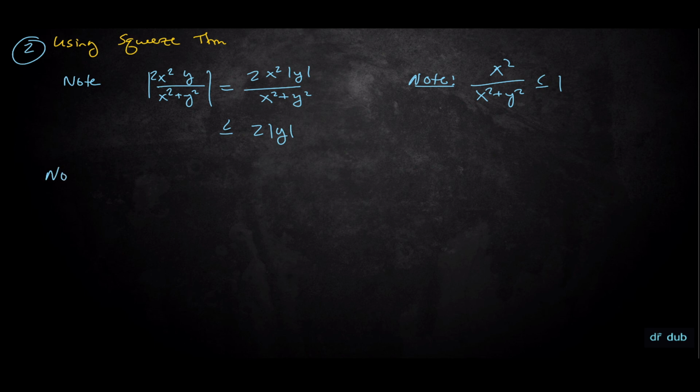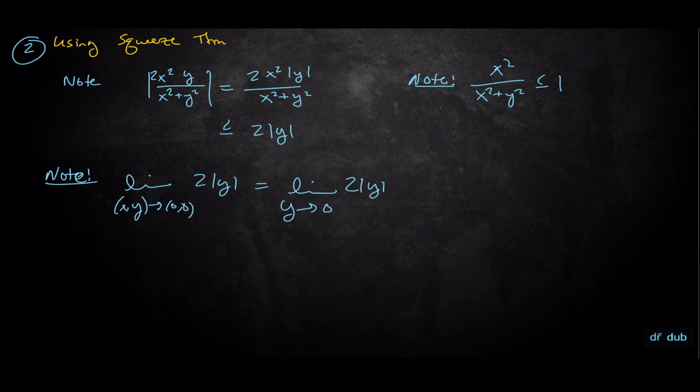Furthermore, note that the limit as (x,y) goes to (0,0) of 2 times the absolute value of y would just be the limit as y goes to 0 of 2 times the absolute value of y, which would be 0. That's a continuous function in the single variable sense.